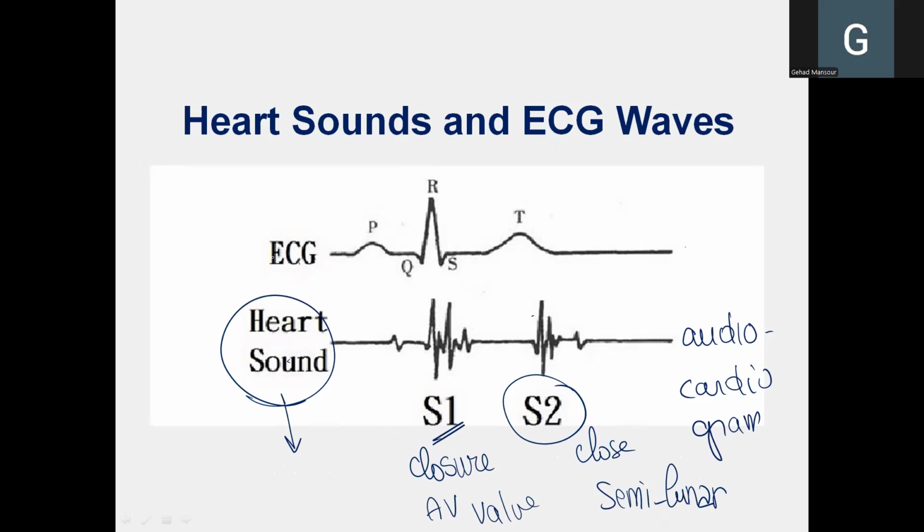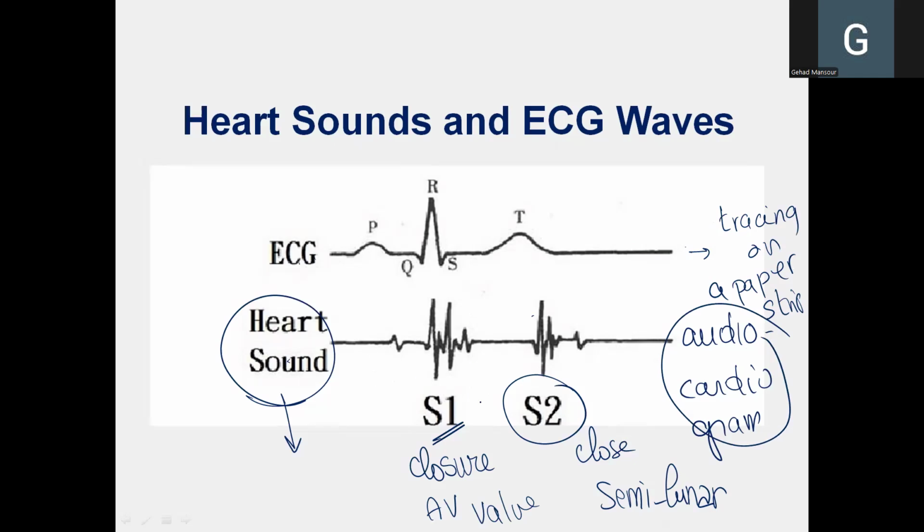Here you have a tracing on paper. You don't hear anything. You are recording the electrical activity, and you finally obtain a tracing on a strip of paper, an ECG strip. But in the heart sounds, in the audiocardiogram, you hear sounds.